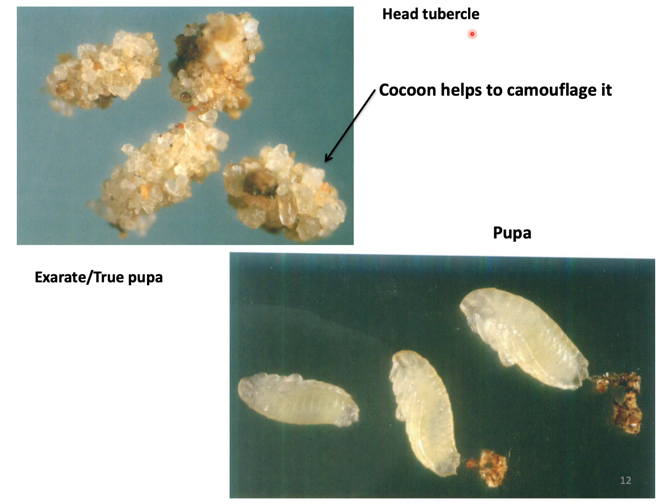And the pupa possesses a head tubercle. With the help of this head tubercle, they emerge from this protective layer or cocoon. And afterwards, this stage of the pupa is called true pupa, because true pupa means you can see the appendages. For example, the mouth part and the legs can be seen externally.